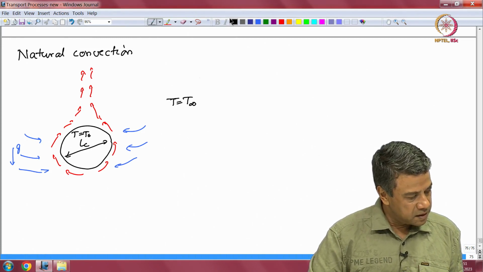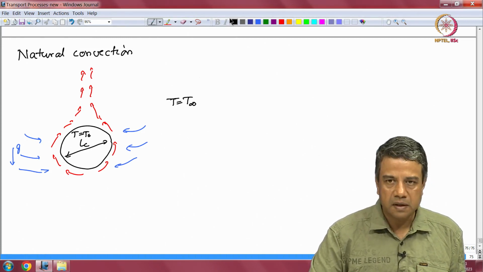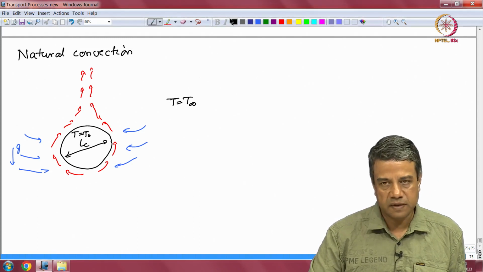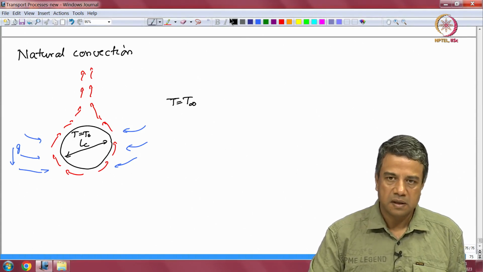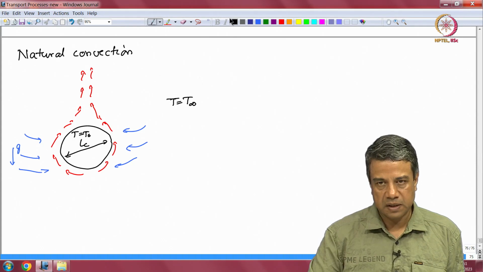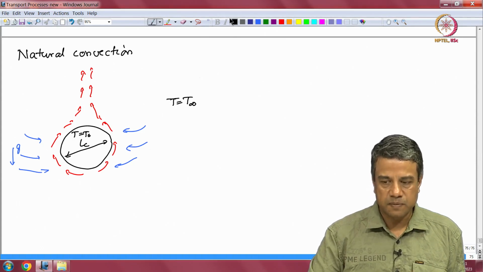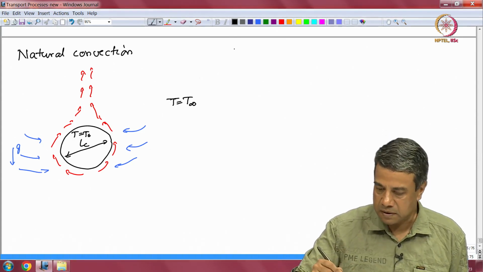So, in this case, the driving force for natural convection is the difference in density between the fluid close to the surface and the fluid far away.